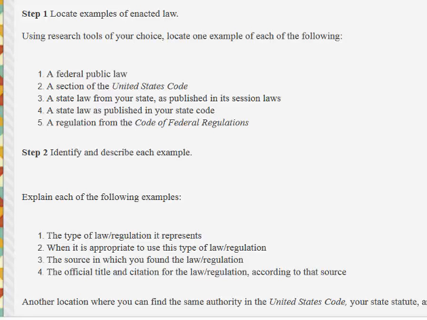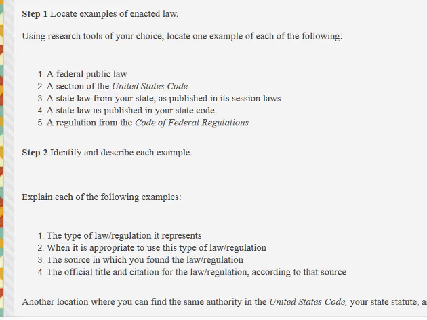What you really need to do is, for each sample that you locate in step 1, answer 1 through 4. So your answer would be 1, what is a federal public law? For step 1, you're just going to find 5 examples.